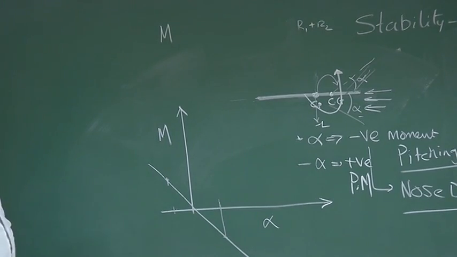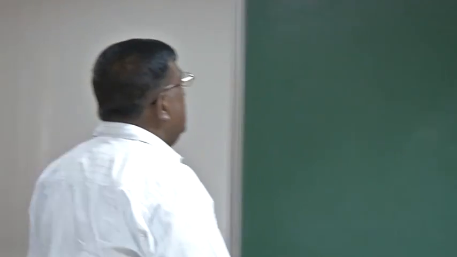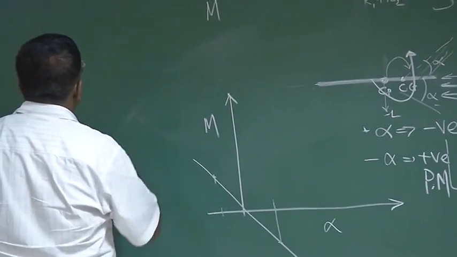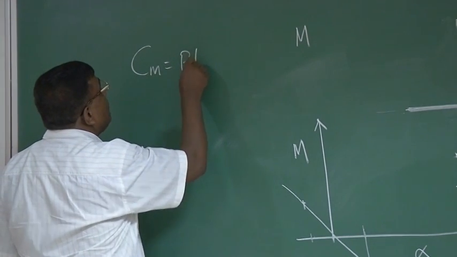But we don't work in terms of moment. We work in terms of a non-dimensional coefficient, that is Cm. Like we don't work in terms of lift, we work in terms of Cl, the lift coefficient, and Cd, the drag coefficient. So we will work in terms of Cm, the pitching moment coefficient.